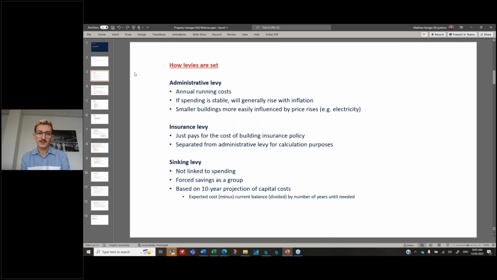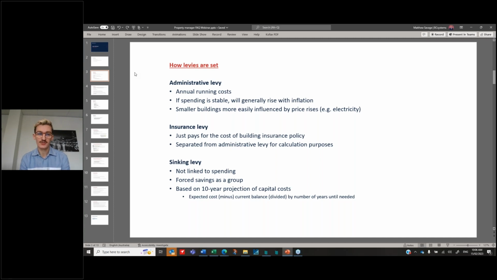Probably the biggest misunderstanding is because it has the word administrative levy in it, a lot of owners think that that is a fee to pay to the body corporate manager to do the administration work. So we do an administrative job, but the administrative levy, the wording there comes from the legislation and it has nothing to do with our administrative work.